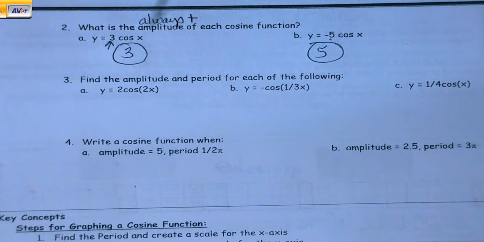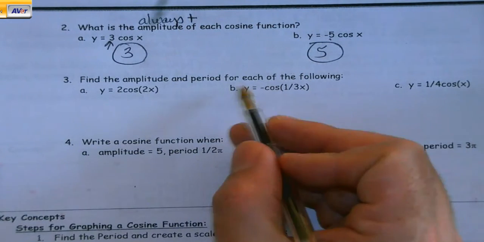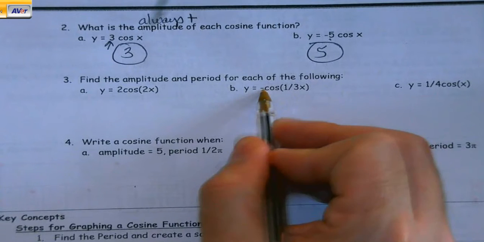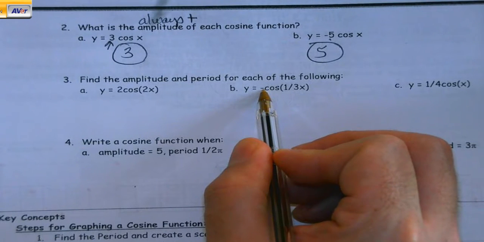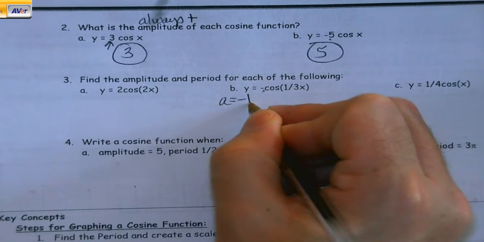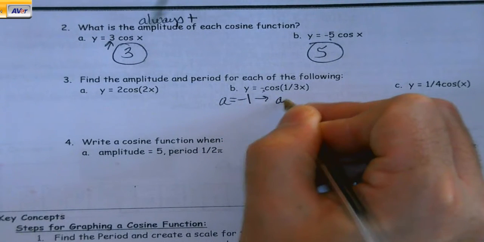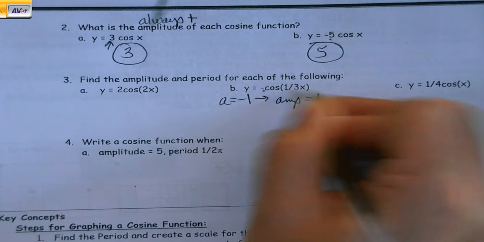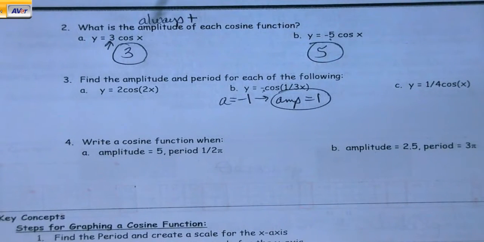So when we do any of these, and we're just going to do b in this next section because I want you to start seeing how this works. Find the amplitude and period. Okay, amplitude, I see a number in front. I see this -1. But just because my a value is negative doesn't mean my amplitude is.